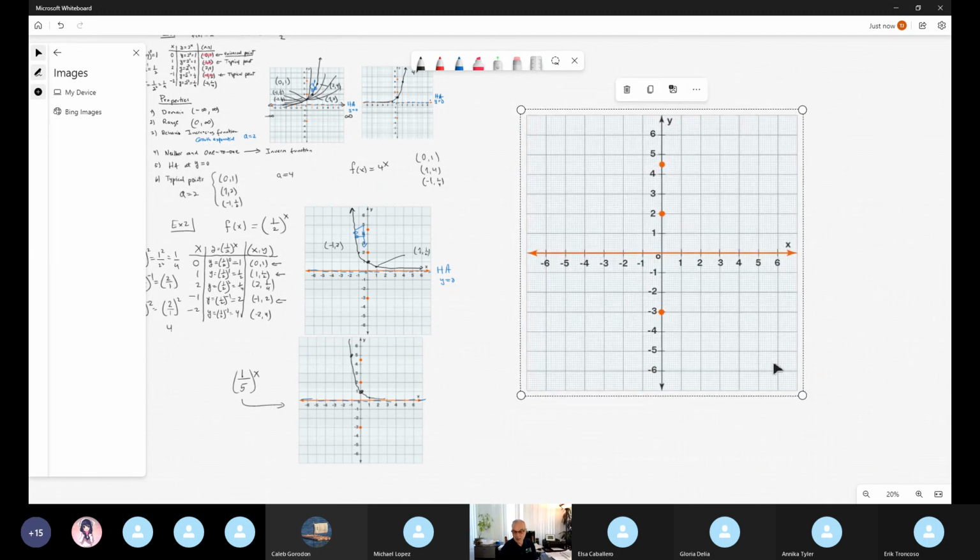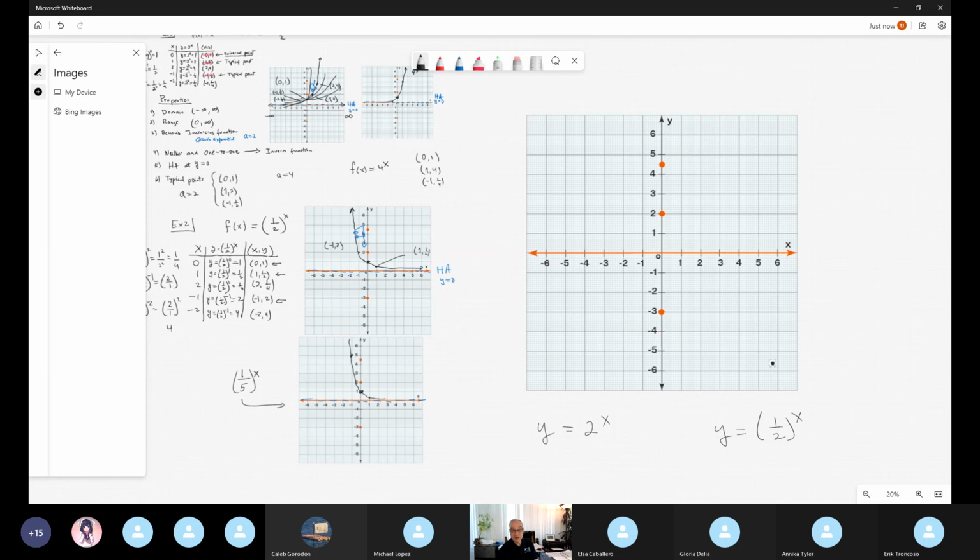We have, again, the famous two examples: the exponential y = 2^x, and the exponential y = (1/2)^x.